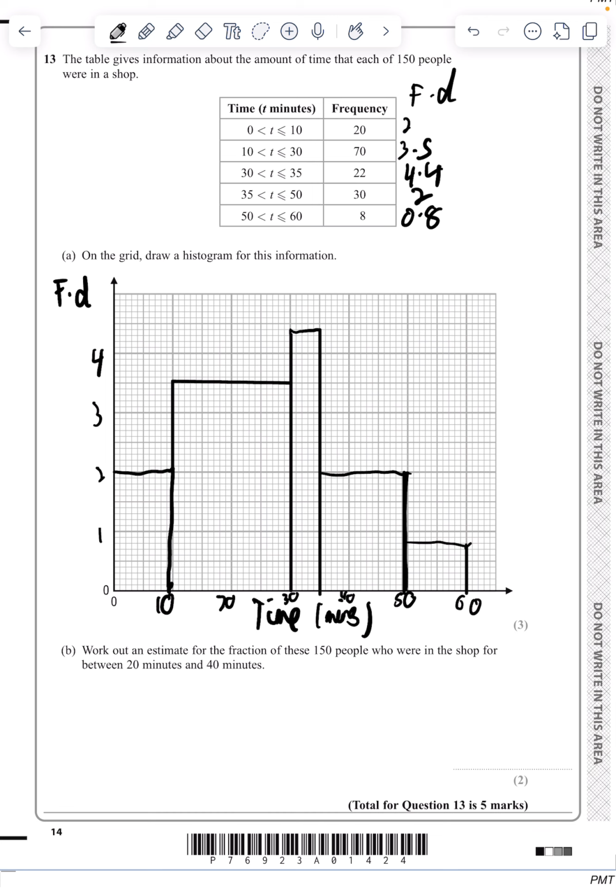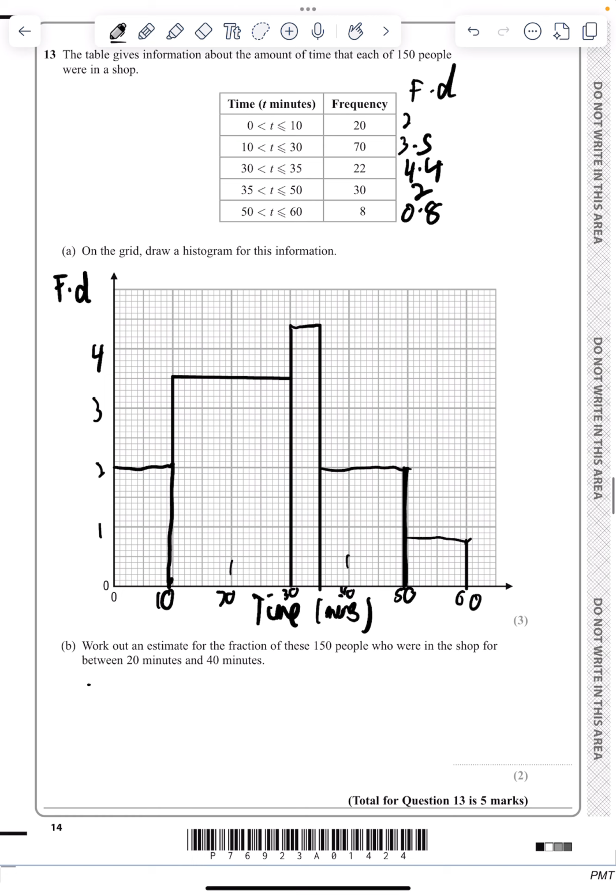And then I'm going to split between 20 and 40. So between 20 and 30, it's just going to be half of 70. 30 and 35 is 22.